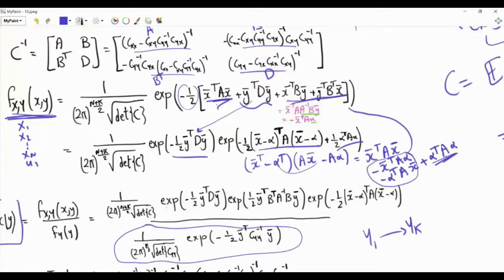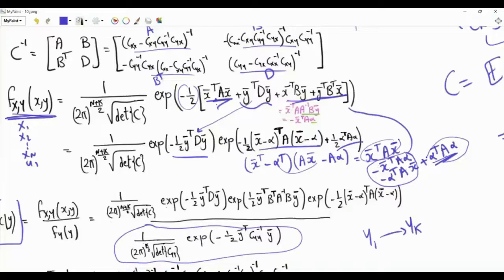If you expand this, you will get four terms. This term is this term. There will be a term here that is new, and it is multiplied by minus 1/2. Because it was not there, we need to compensate and add 1/2 alpha transpose A alpha.